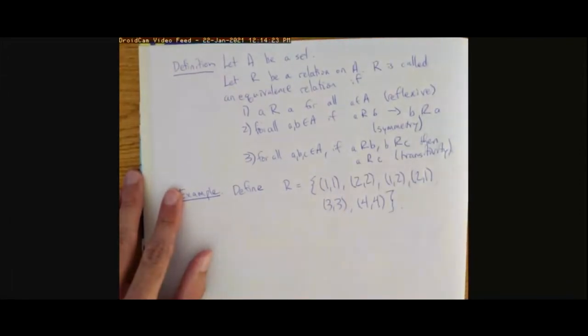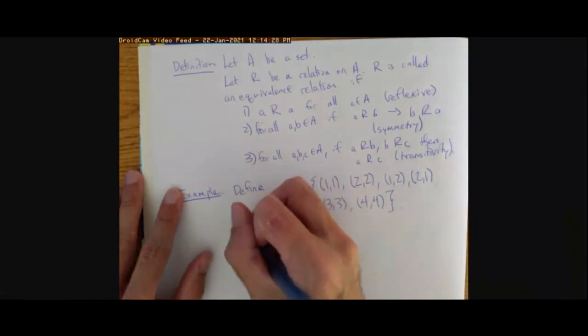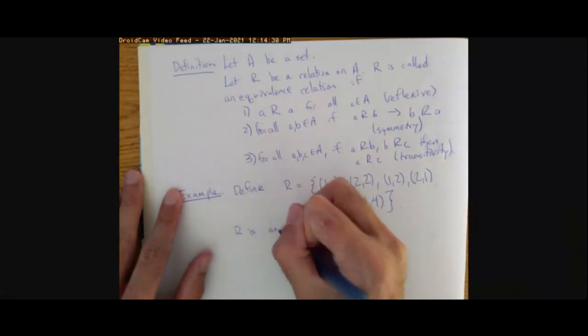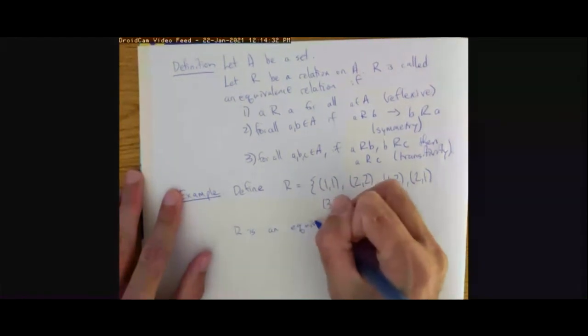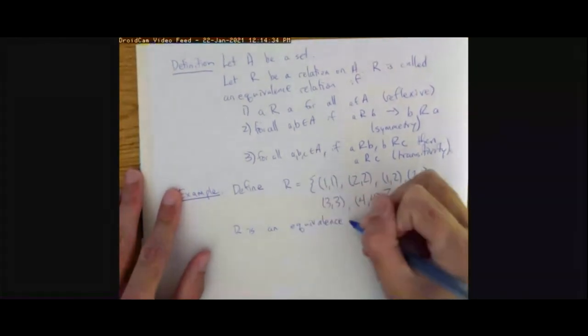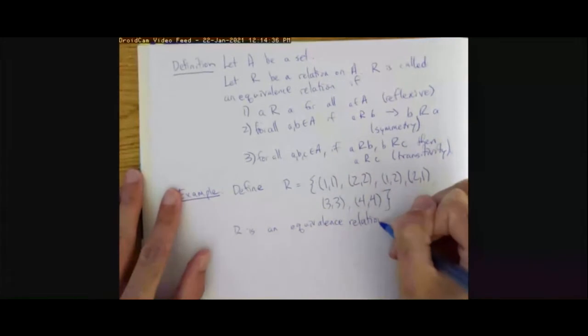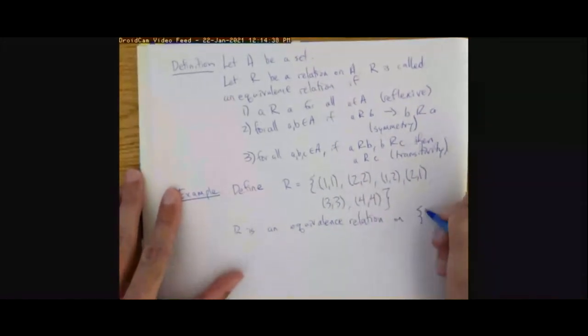Let's do this. This is an equivalence relation on the set 1, 2, 3, 4.